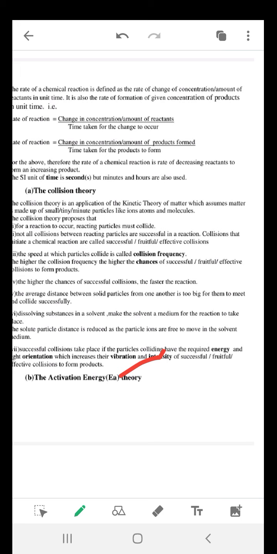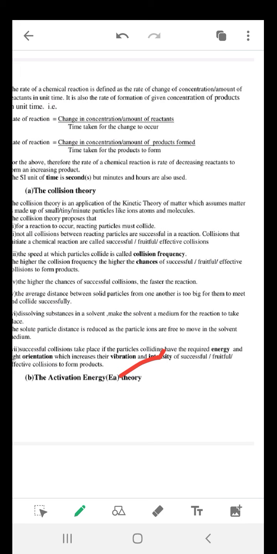Two, not all collisions between reacting particles are successful in a reaction. Collisions occur, yes, but not all of them are successful. Collisions that initiate a chemical reaction are called successful collisions, or fruitful collisions, or effective collisions.